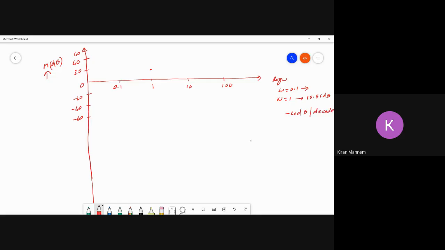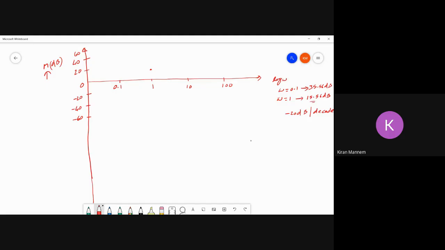So what does it mean? Your magnitude is decreasing by 20 dB for every decade. So this value must be 35.56 dB, isn't it? If you multiply omega by 10, it will be 1, and there should be a decrease of minus 20 dB. So minus 20 plus 35.56, it is 15.56.